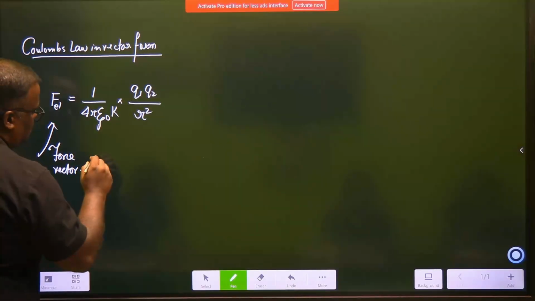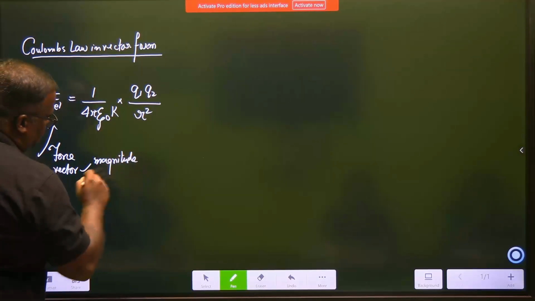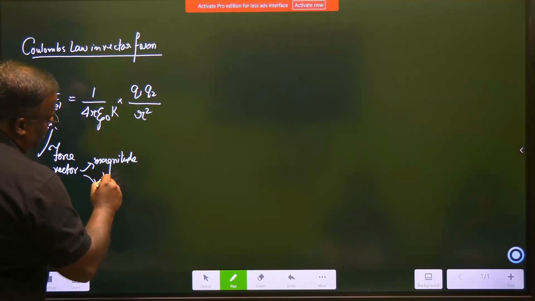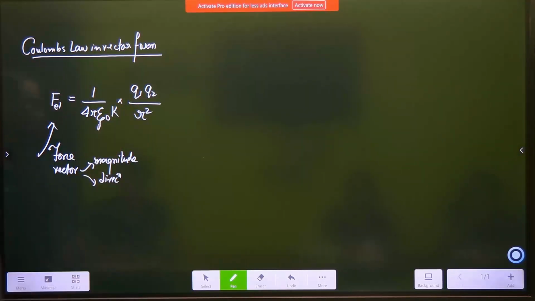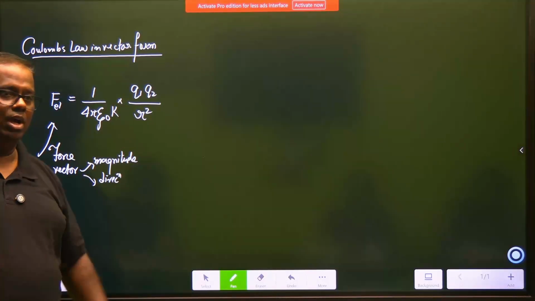That means you should specify both the magnitude and the direction of the force, right? This expression does not tell us anything about the direction of the force. That is what we are supposed to hunt, right?